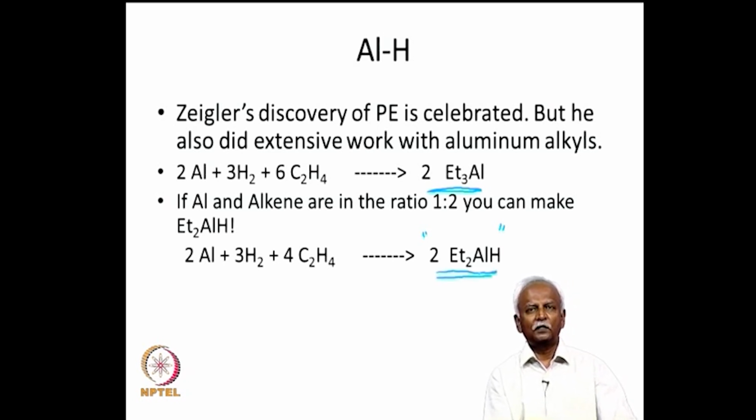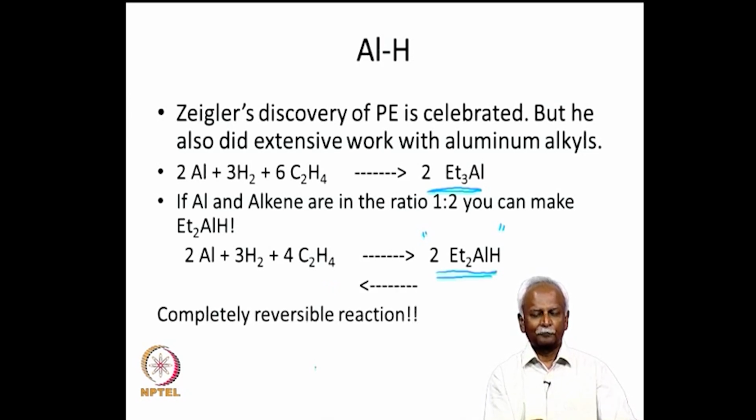So, you can do this in a batch process, and you will see in a moment how this can be extremely useful. So, it looks as if the direct reaction of hydrogen and aluminum is quite feasible, and it is an auto-catalyzed process, because triethyl aluminum itself functions as a catalyst.